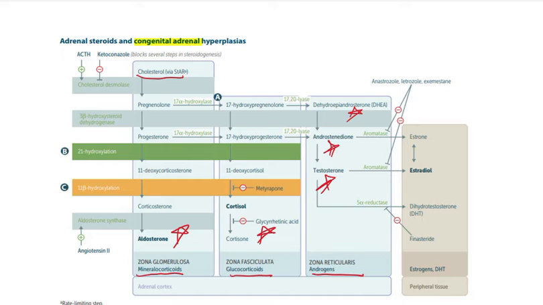So now that we understand exactly what we're looking at, there are 3 main enzymes that we should be paying attention to: 17-alpha hydroxylase, 21 hydroxylase, and 11 beta hydroxylase.